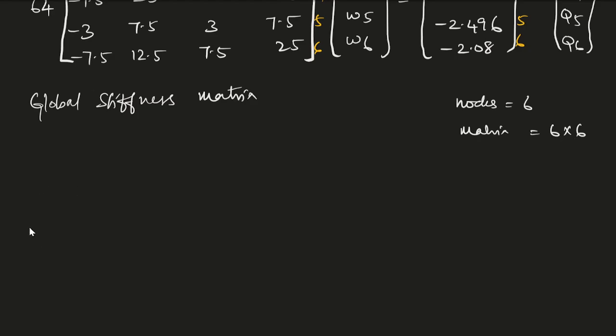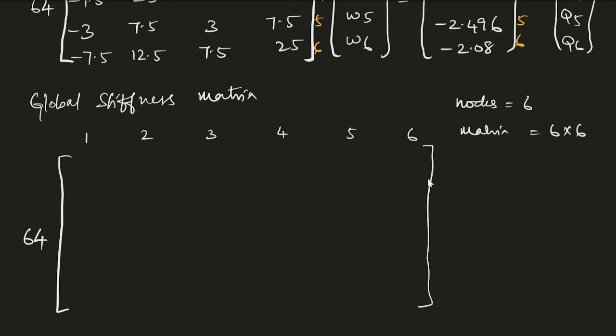So here 64 will be common outside. So first element, second, third, fourth, fifth and sixth, 1, 2, 3, 4, 5, 6. For convenience, I'm just drawing the lines as well.